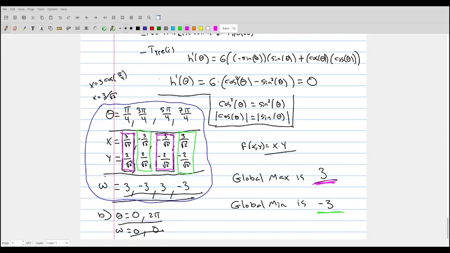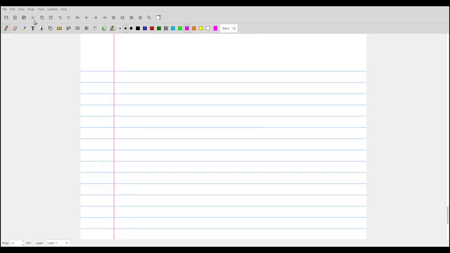So for our last example, I'll go over an example of a piecewise domain in 2D, which is a good example problem to show how to deal with a domain that's a piecewise domain for optimization of a function of 2 variables.